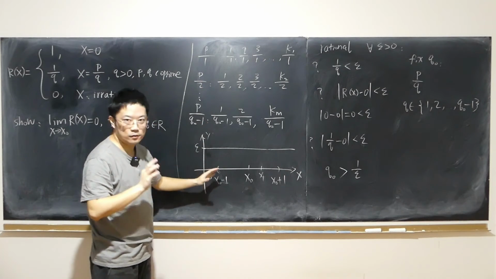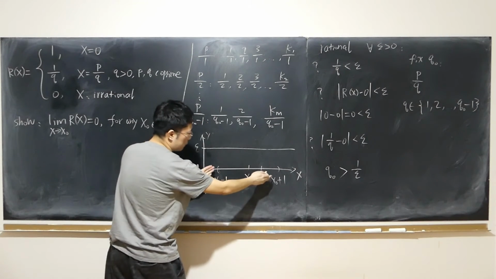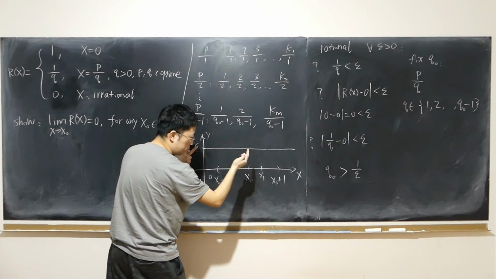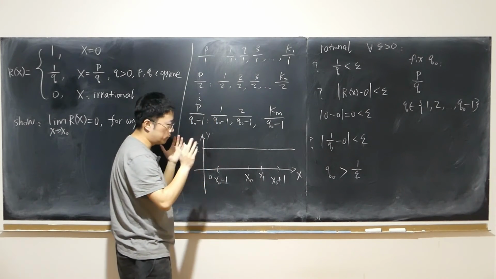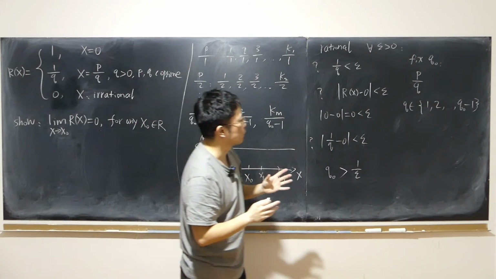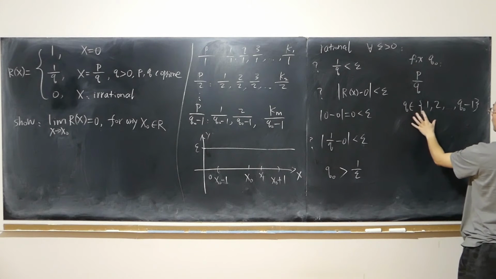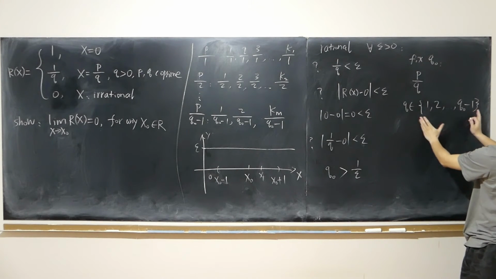So essentially what I'm trying to say is that just within this neighborhood, I have at most finitely many fractions of the form p over q, where q is no larger than q naught minus 1.